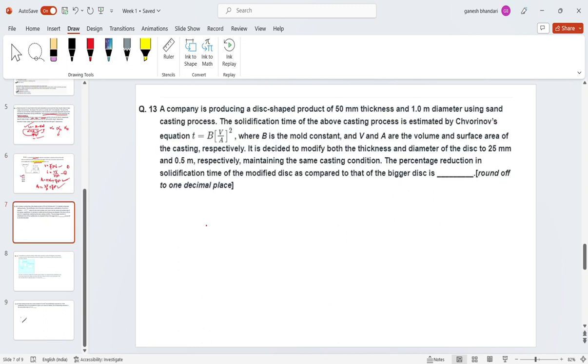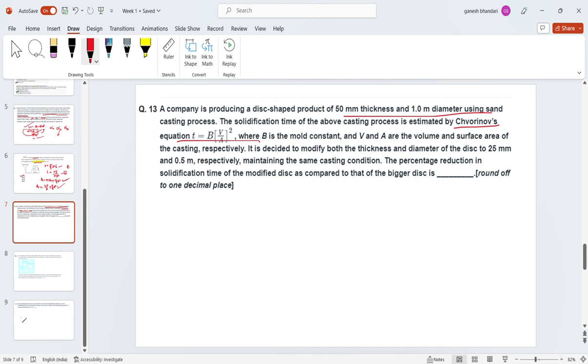Now let's move to the next problem. It is written that a company is producing a disc-shaped product of 50 thickness and 1 meter diameter using the sand casting process. The solidification time of the above casting process is estimated by Chvorinov's equation, where T is the solidification time, B is the mold constant, and V and A are the volume and surface area of the casting.